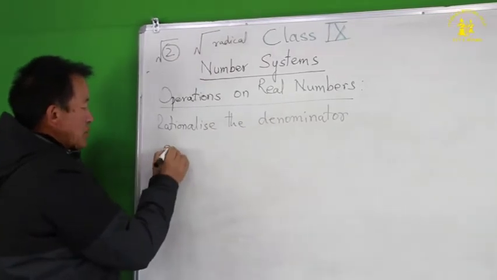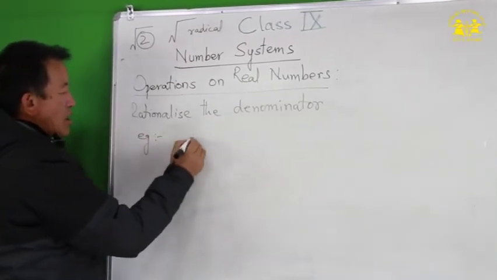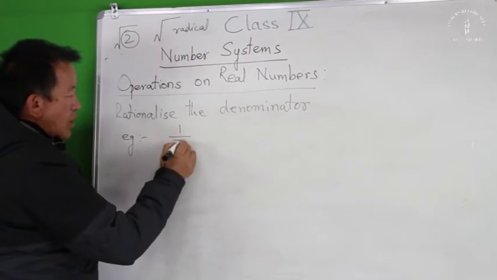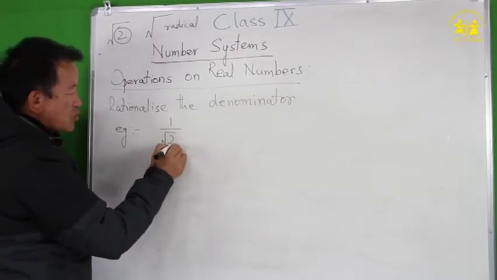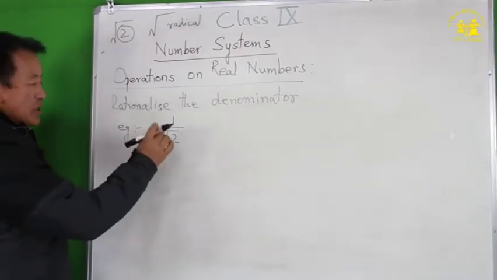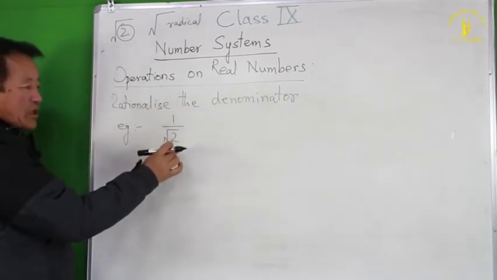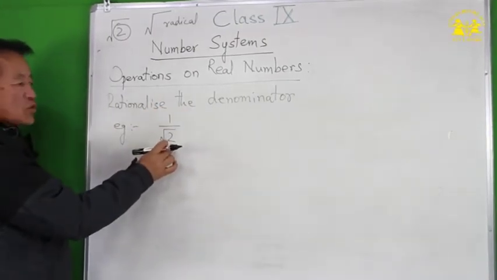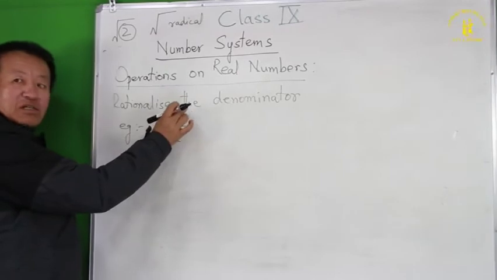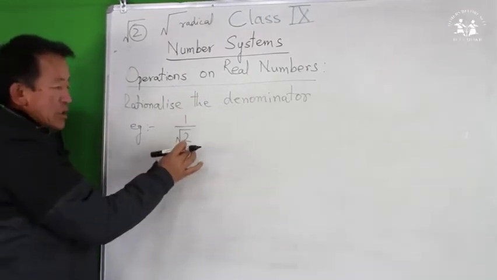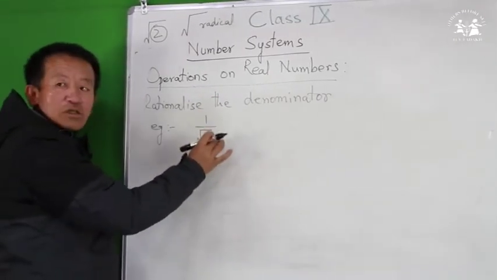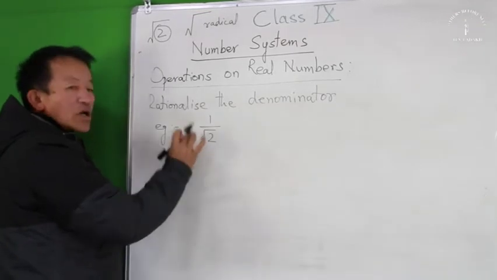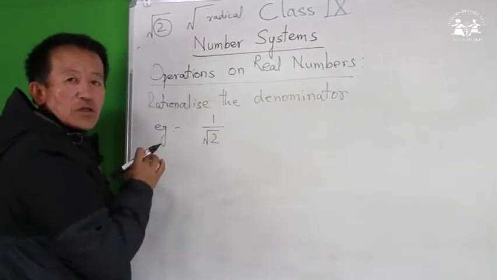For example, 1 upon square root of 2. Numerator is 1, denominator is square root of 2. Numerator is rational. Denominator square root of 2 is irrational. Now how to convert it into rational?